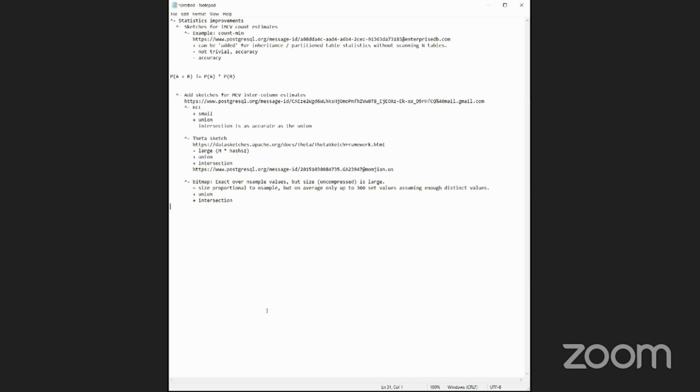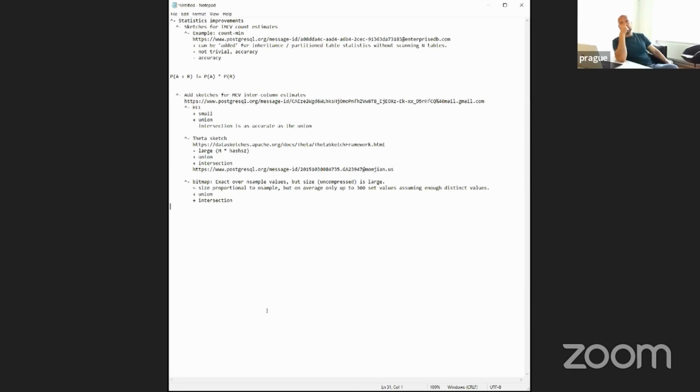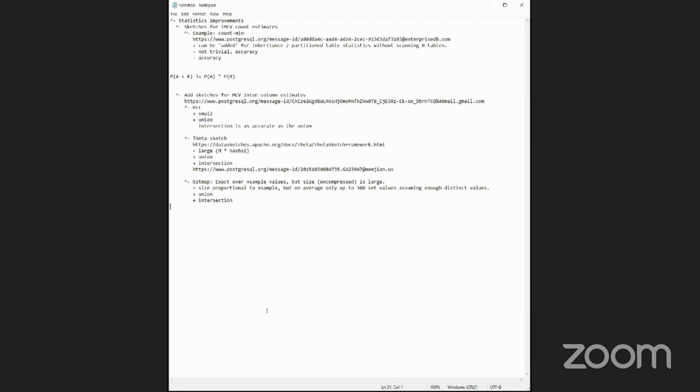For bitmaps, it would be important that you do all of it at once, because you need the mapping to the tuple ID, which doesn't exist in bitmap.